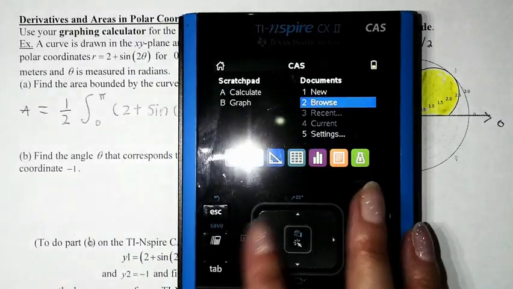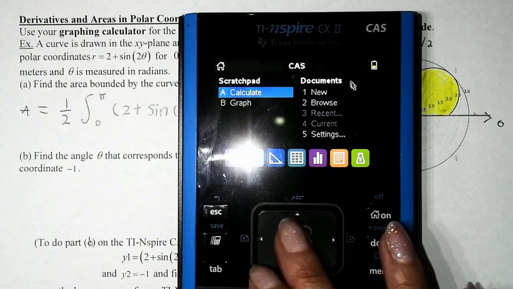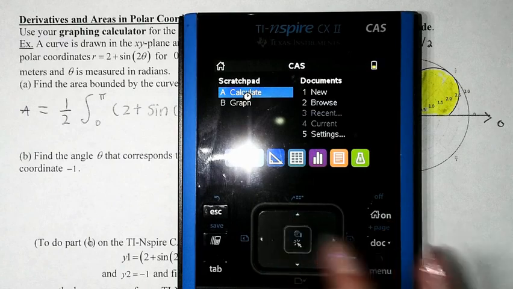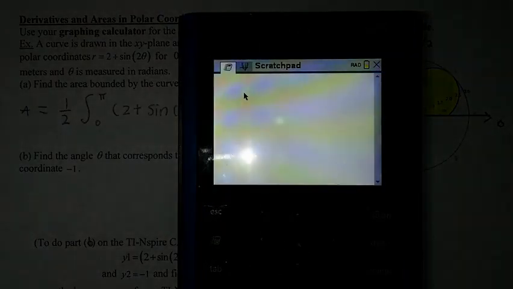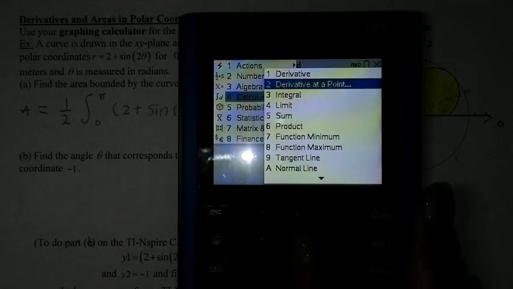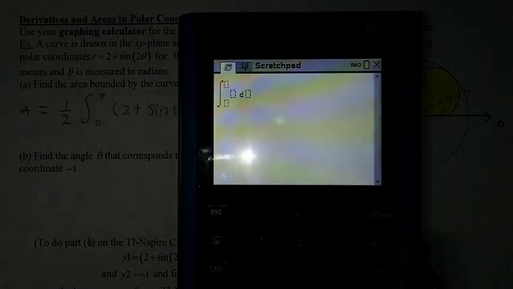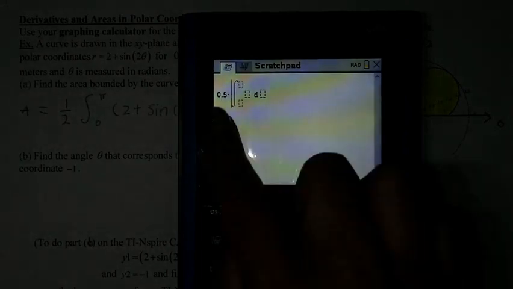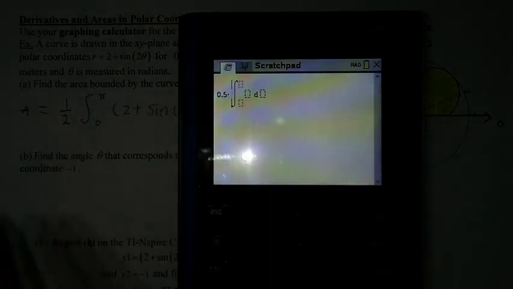So what we're going to do here, you go to menu, you go to calculus, and you go to the integral. What I would do here is put the 0.5 multiplying this, which is the 1/2 that you have here.